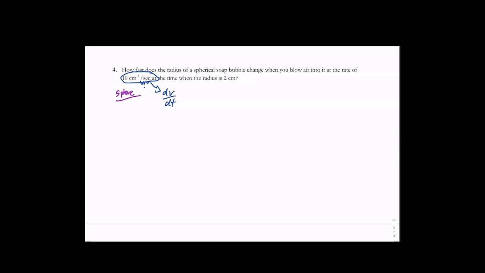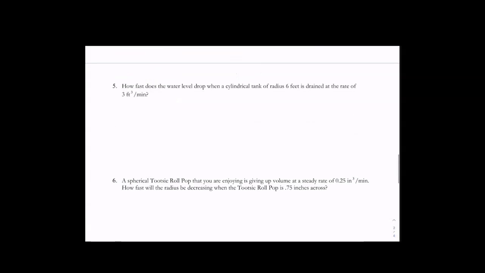Okay. 5. How fast does the water level drop in a cylindrical tank? Okay, that's important. It's a tank, which means it's solid walls. A radius 6 feet is drained at the rate of 3 cubic feet per minute.